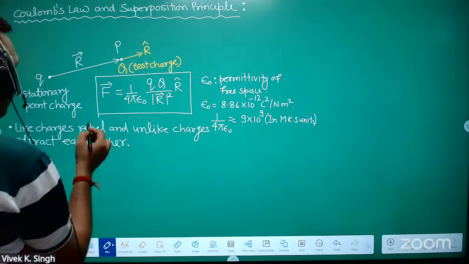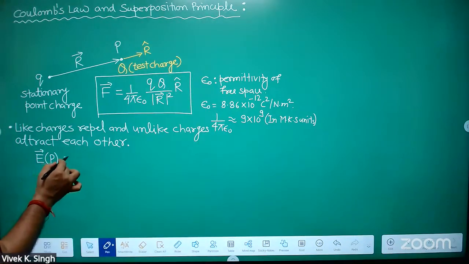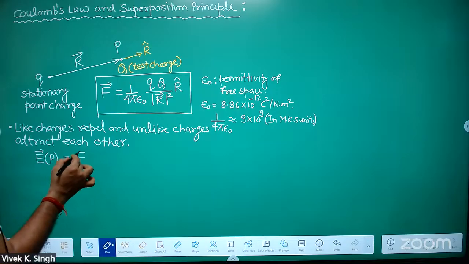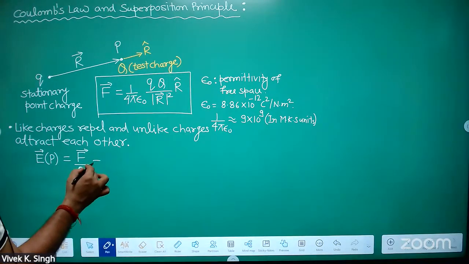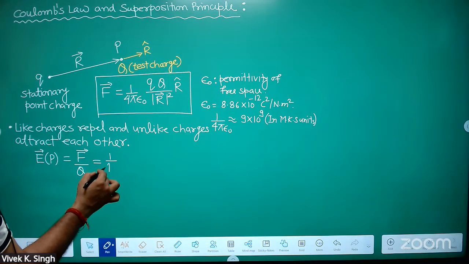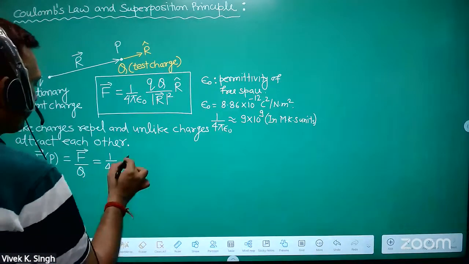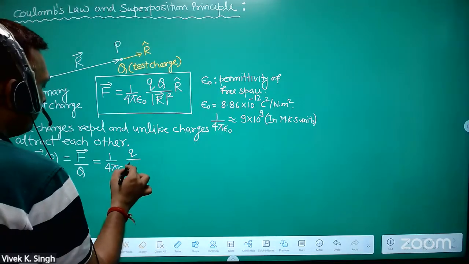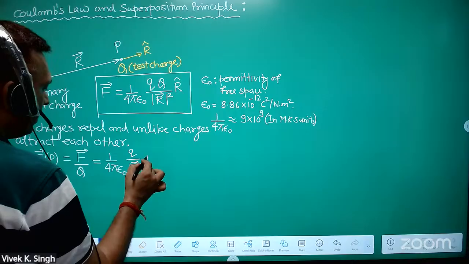Now the electric field at point P is force per unit test charge, and it will be given by 1 by 4 pi epsilon naught Q by mod r square, inversely proportional to distance square.